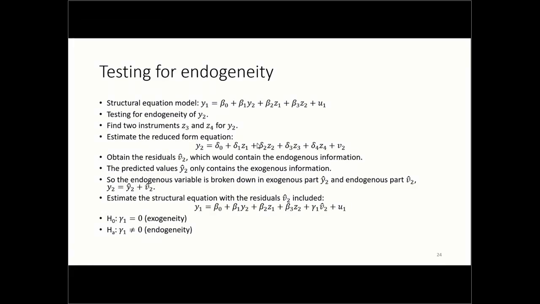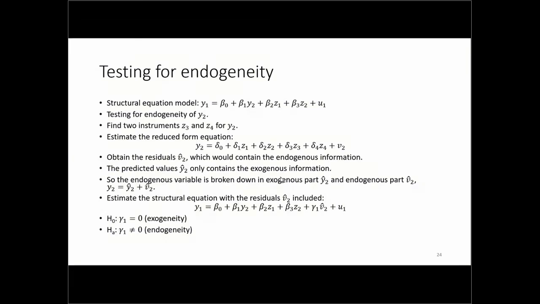However, instead of looking at y2 hat, which is the predicted value that only contains exogenous information, here we would be obtaining these residuals, which would contain the endogenous information. So if this is the exogenous information here, we would be leaving the endogenous information in the residuals.